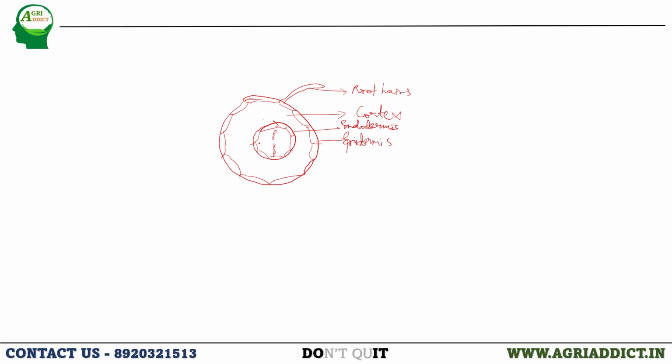These are vascular tissues which are present inside the endodermis. In between the xylem, there is phloem. These are xylems. This is phloem.